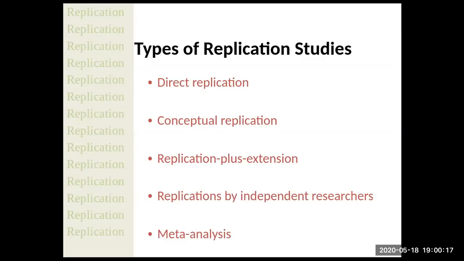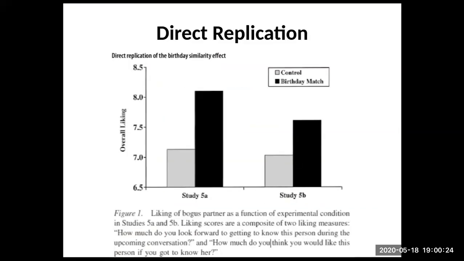So direct replication, again, is doing it exactly like the first one was done, step by step to a T. In this case, this was a study called the birthday similarity effect. So they had somebody talk to other people, and there were two groups. In one group, the person was just talking to the other person and they didn't really have anything in common that they knew of. And they just had a conversation.